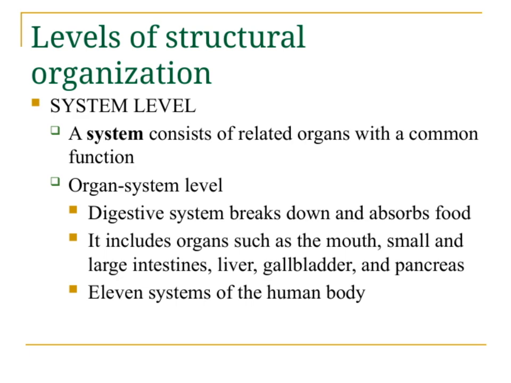This system includes several key organs, such as the mouth, where digestion begins, and the small and large intestines, where most nutrient absorption and waste processing happen. Other important organs are the liver, which helps process nutrients and detoxify, the gallbladder, which stores bile, and the pancreas, which produces enzymes that assist digestion.